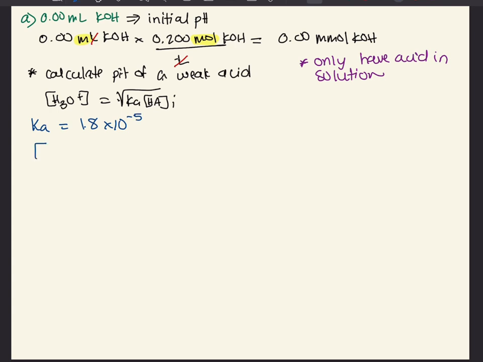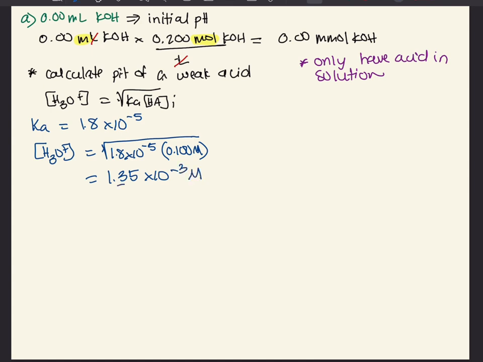So the concentration of hydronium ion is going to be equal to the square root of 1.8 times 10 to the negative 5, multiplied by the initial concentration of my acid, which is 0.1. If we plug that into our calculators, I get 1.35 times 10 to the negative 3.